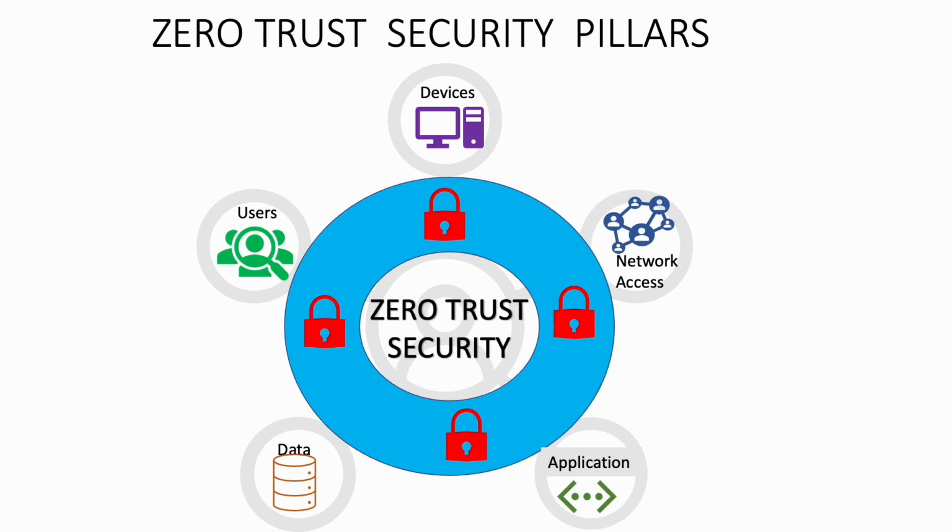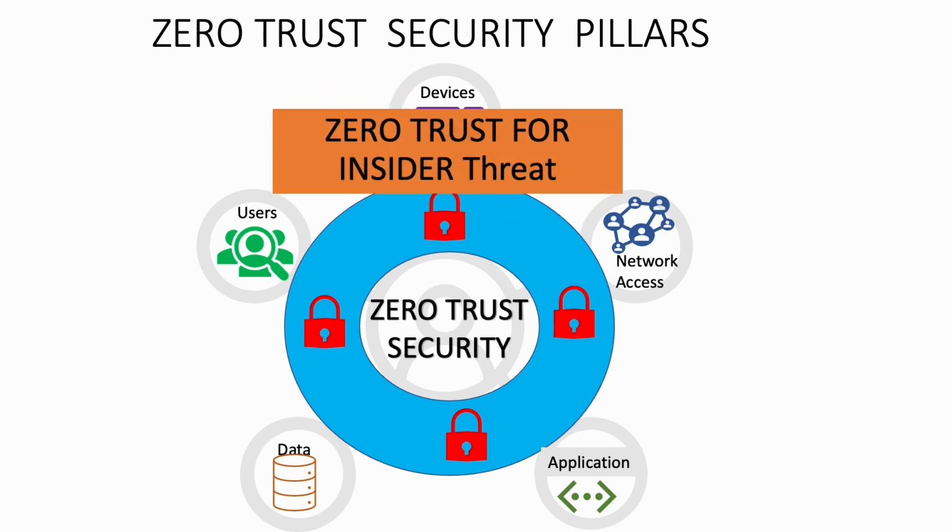I've divided it here into 4 different pillars to build zero trust, to make sure each and every aspect of these different layers is protected with zero trust. So let's go one by one. The first one is zero trust for insider threat. We need to make sure that a security policy for no trust is applicable to the insider threat. And to prevent that, you need to make sure that we have the end-to-end policy in place.